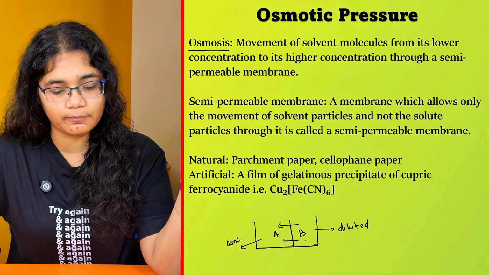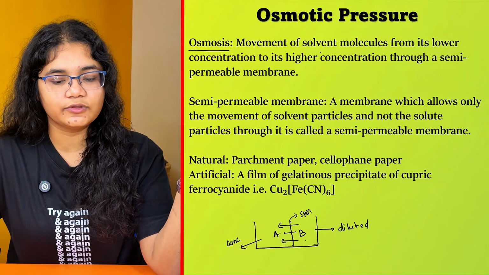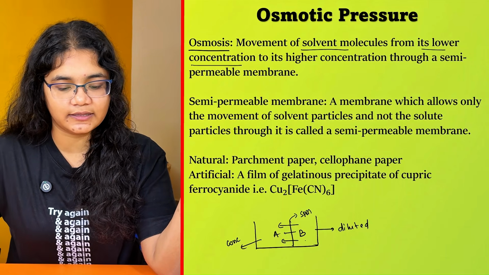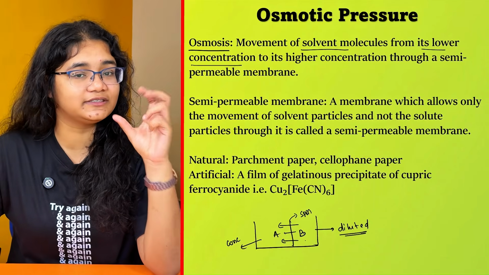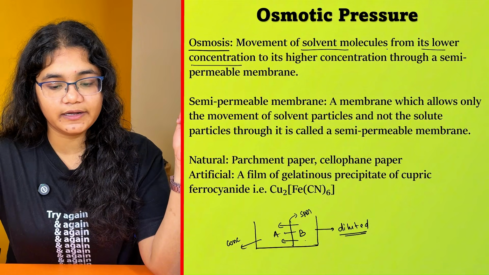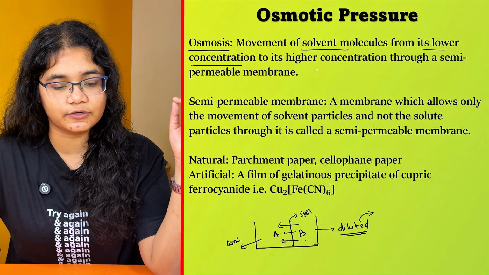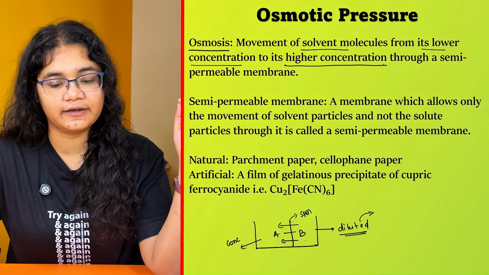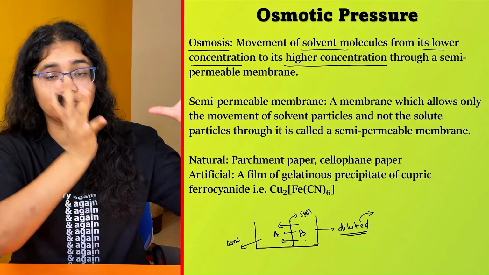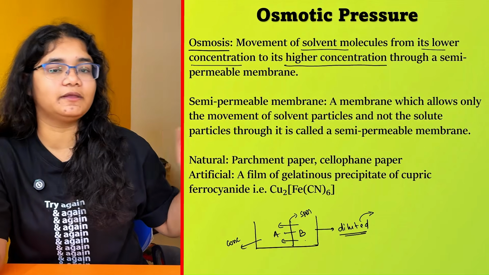The solvent will move from B to A through a semi-permeable membrane. That is the movement of solvent molecules from its higher concentration in the diluted solution to the concentrated solution through a semi-permeable membrane.